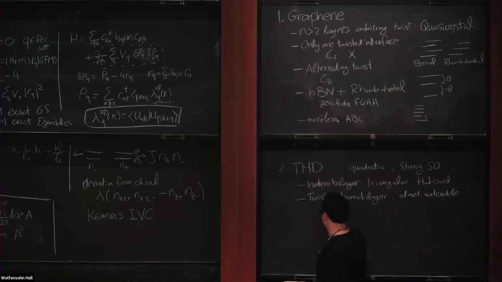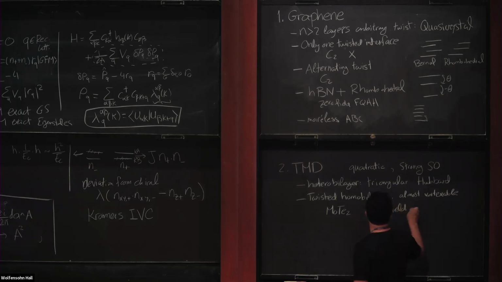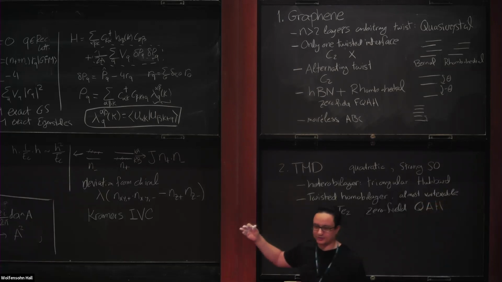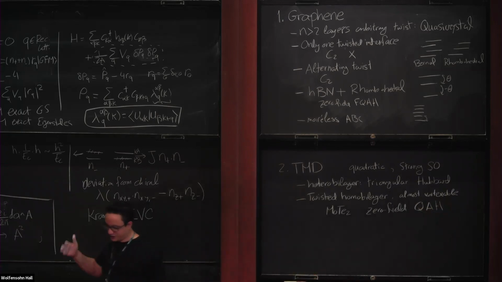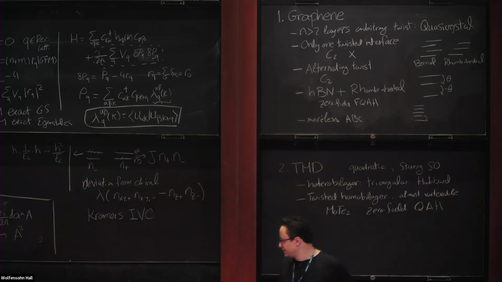And in one of these systems, which is twisted MoTe2, people have recently observed zero field quantum anomalous Hall states. So the theory we developed for twisted bilayer graphene, although these fractional quantum Hall states are not really seen at zero field in twisted bilayer graphene because of complications related to the fact that you have a lot of degrees of freedom and you have to polarize them first to get to a single isolated band.